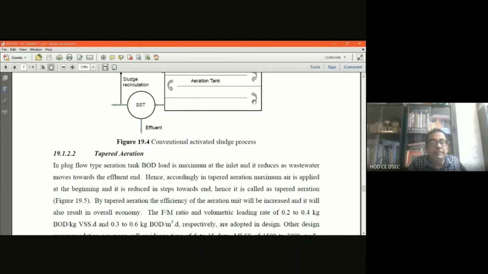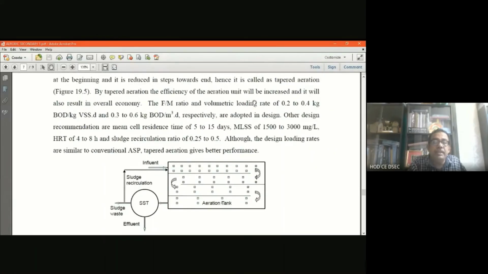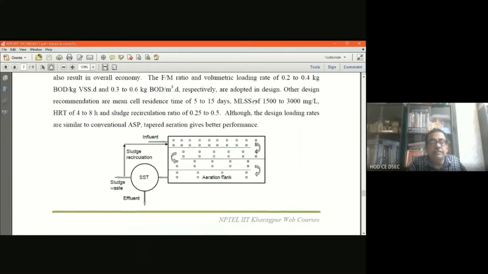This is called tapered aeration. In this photograph, you see at the inlet portion the aeration should be more, and step by step it is reduced towards the effluent portion. Hence it is called tapered aeration, as you can see from this figure.